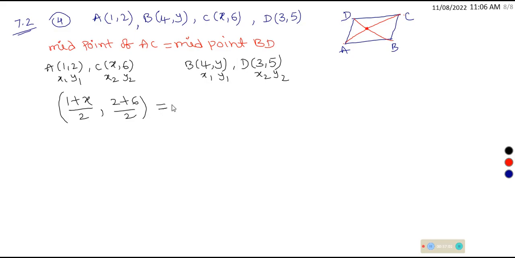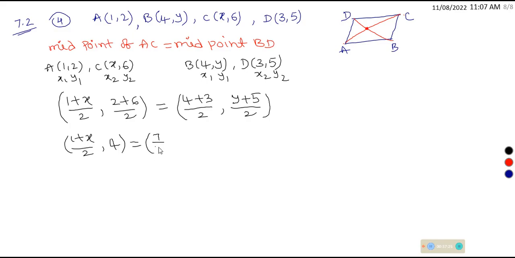This should be equal to the midpoint of BD: 4 plus 3 by 2, y plus 5 by 2. Now simplify first. 1 plus x by 2, comma, 2 plus 6 is 8, 8 by 2 is 4. And here 7 by 2, and y plus 5 by 2.